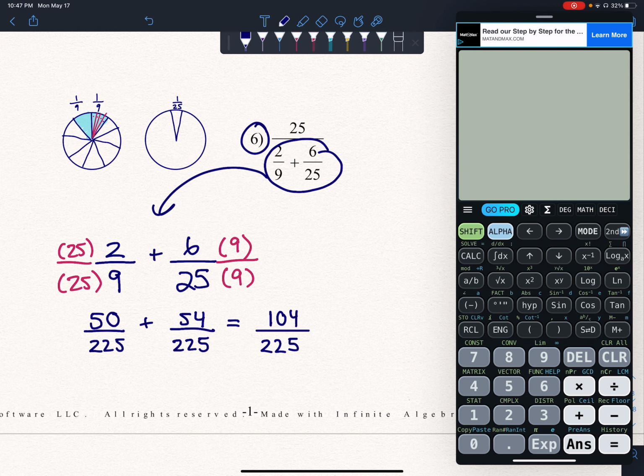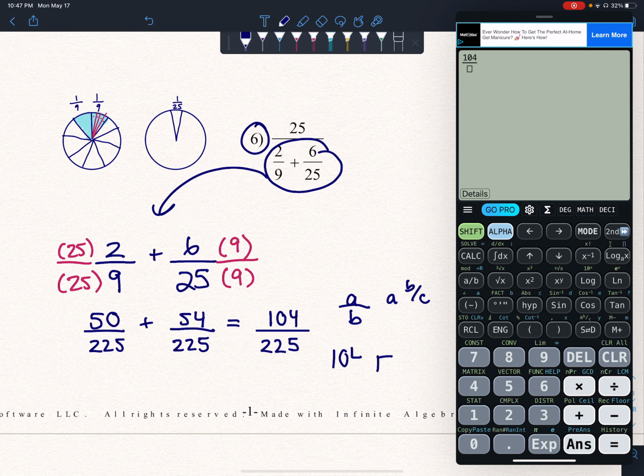And then just a little note that you can use your calculator to simplify a fraction. I don't believe that this one can be simplified, but we're going to check anyways. So 104, punch in your fraction button. It would look like an A over B, or it might look like a B over C. It should give you kind of like a little R. It'll look like this on your calculator.